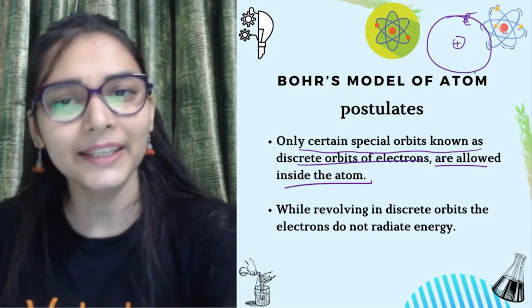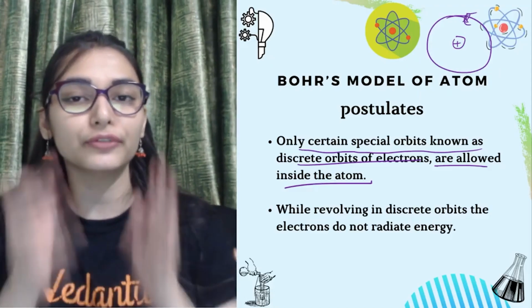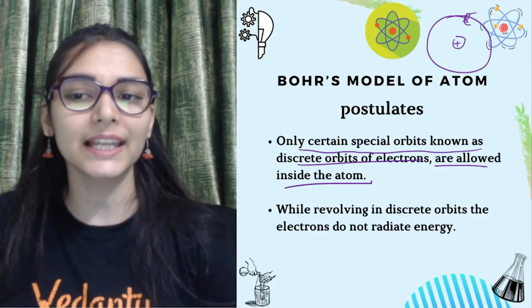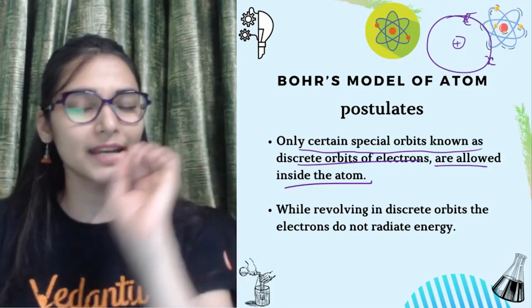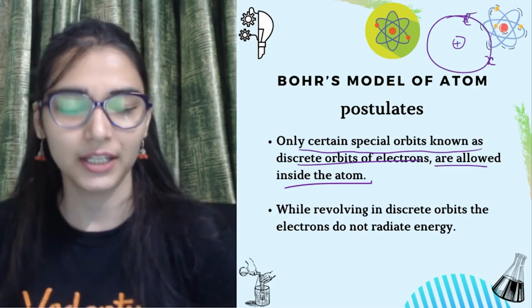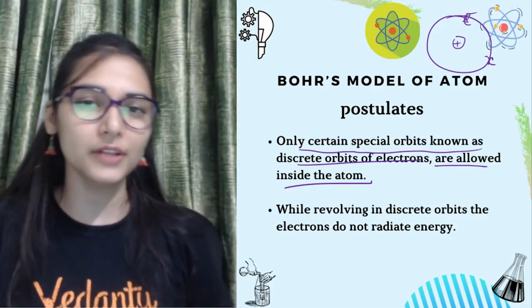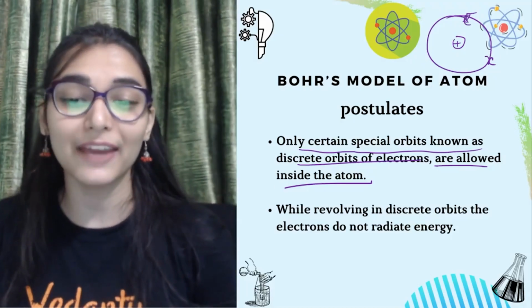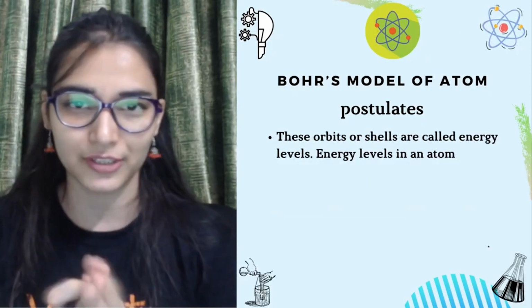Not just any random orbit; there is always a fixed energy orbit. Let's say this orbit has some x amount of energy, so if electron has to revolve here, it should have that x energy, and as long as electron revolves in this fixed energy orbit, it will never lose energy. Electrons will not radiate energy.